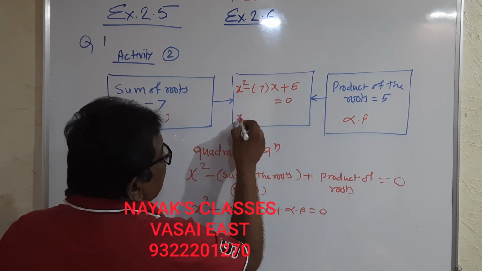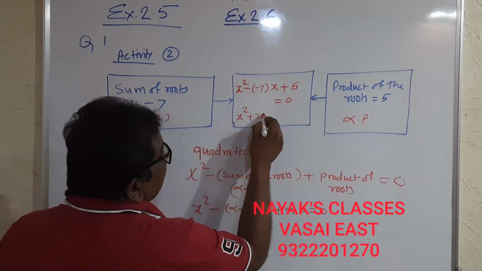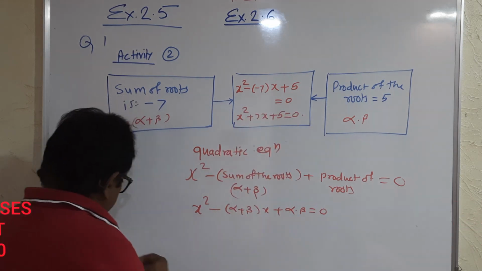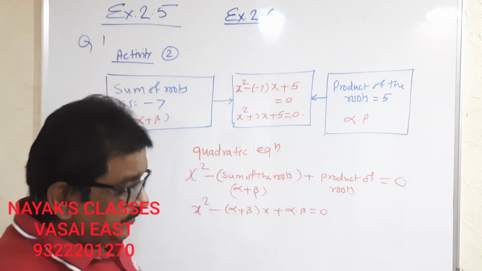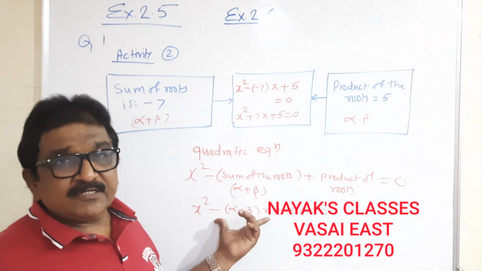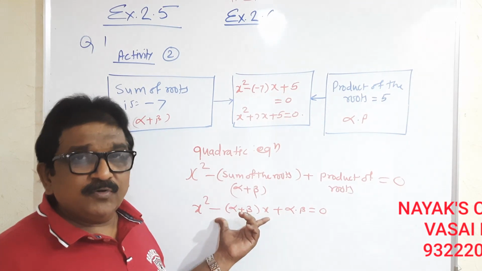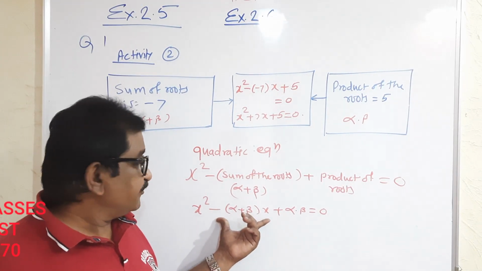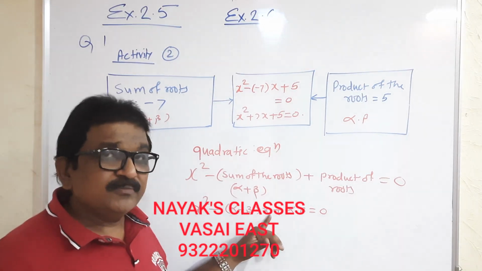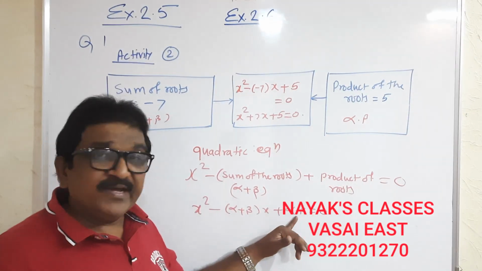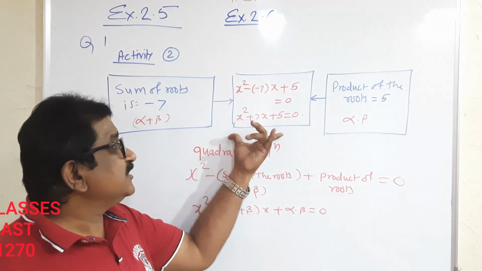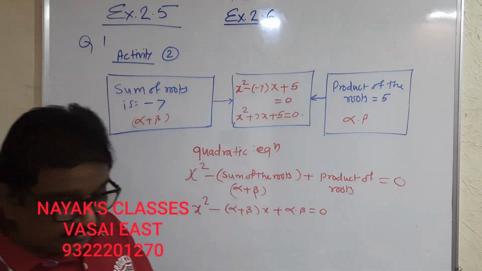The final answer is x square plus 7x plus 5 is equal to 0. So remember, this is the form of the equation when we know the roots alpha and beta: x square minus alpha plus beta x plus alpha into beta is equal to 0. This we have used here and we got the answer.